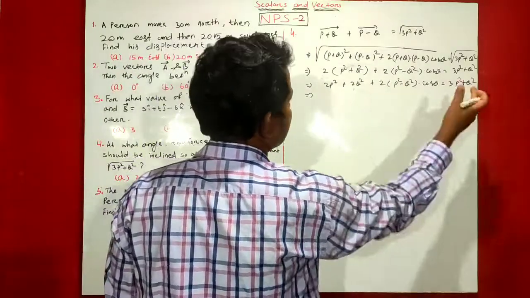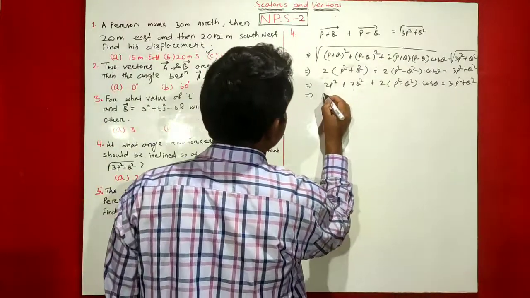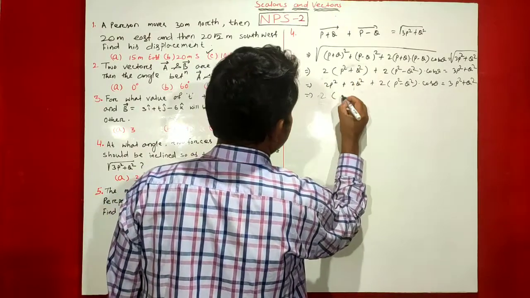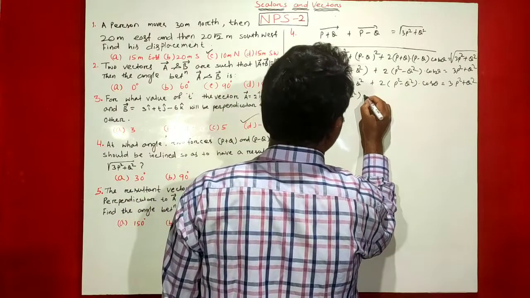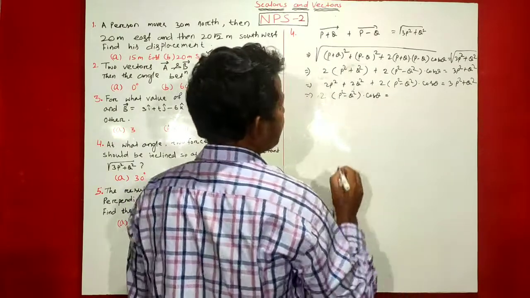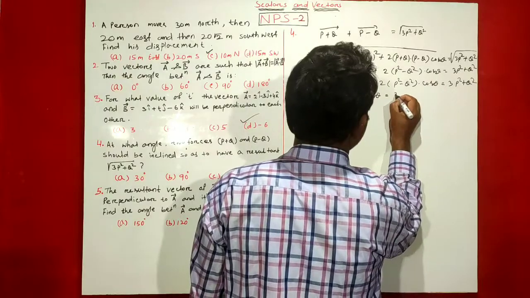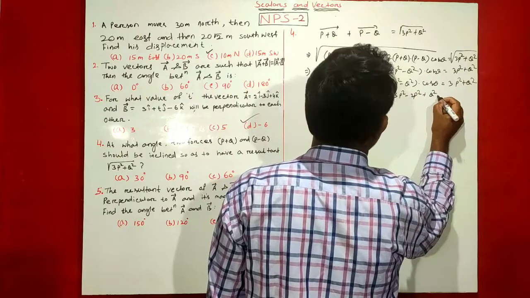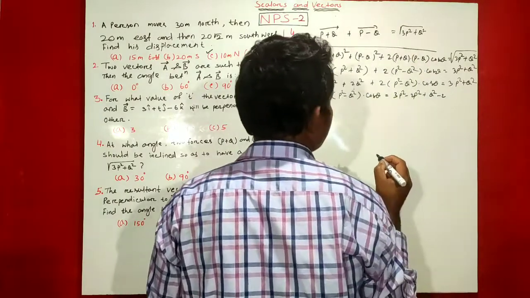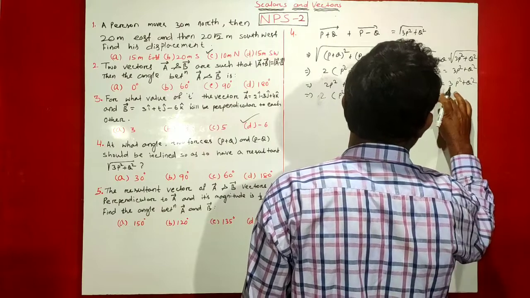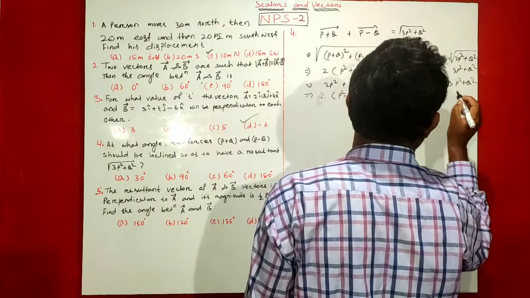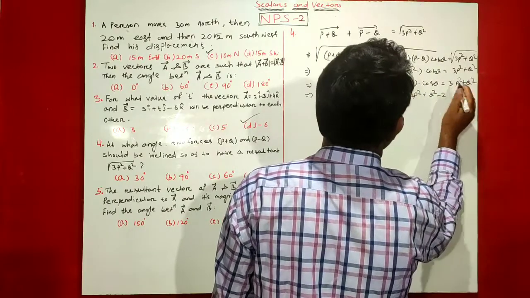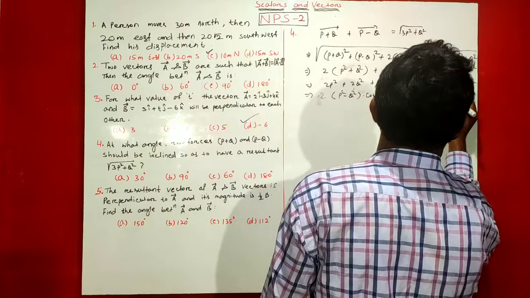Taking the two terms to the right side, we get 2 into P square minus Q square cos theta is equal to 3p square minus 2p square plus Q square minus 2Q square.